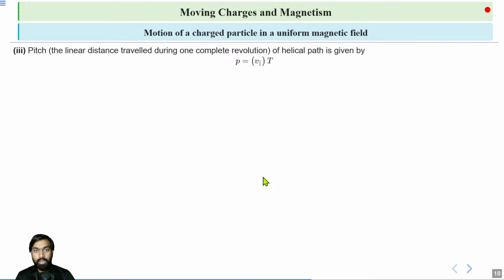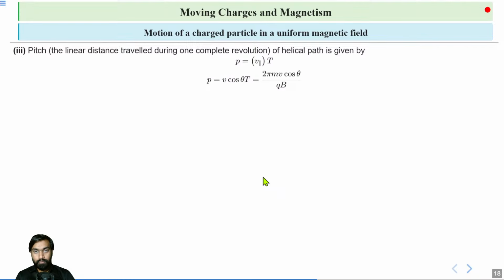P equal to v parallel into T, since v parallel equal to v cos theta, where theta is the angle between velocity and magnetic field. So when we substitute, we get p equal to v cos theta T. Using the expression for T equal to 2 pi m divided by qB, the full formula becomes p equal to 2 pi m v cos theta divided by qB.